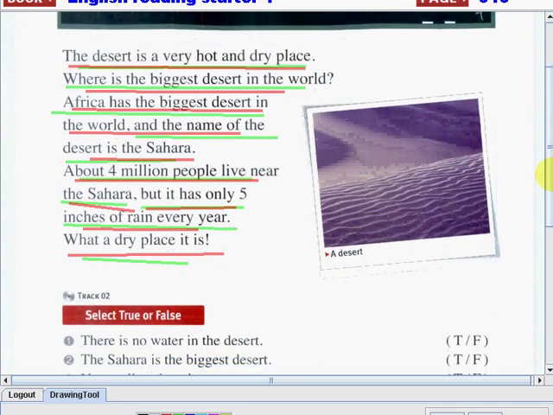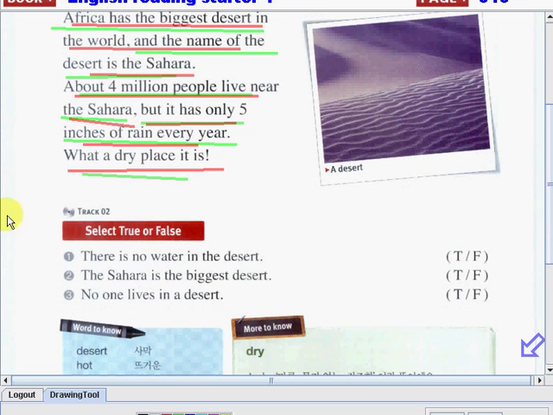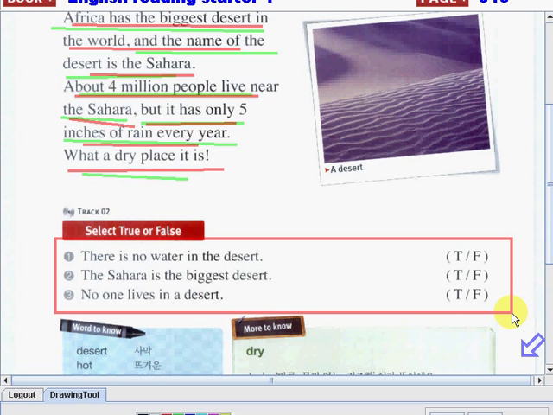As you can see here, the first activity is this one. You will answer this by just picking T or F. T stands for true and F stands for false. Now, let's read. There is no water in the desert.